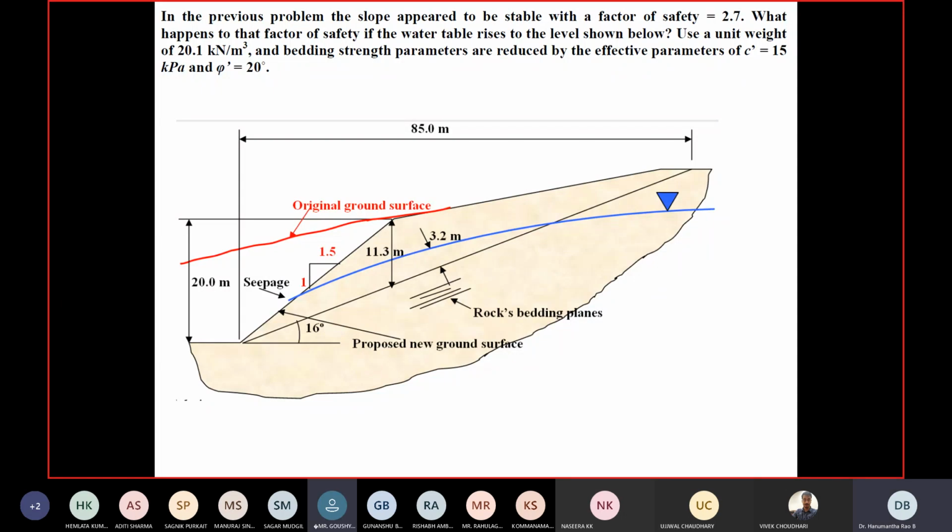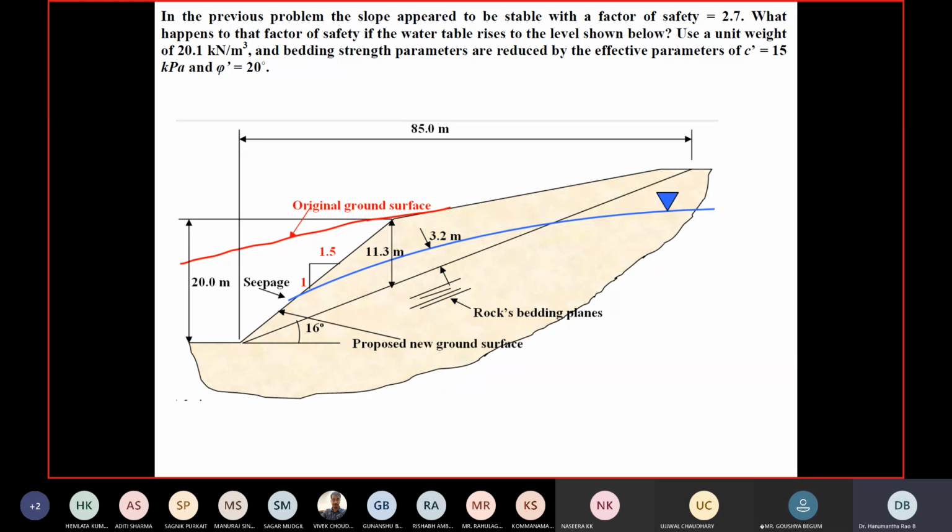Sir, it is a variable. 11.3 minus 3.2. Yes, but it varies at different points. Yeah, that is true. It varies at different points all along the failure plane. But yes, then we have to go for the method of slices. One of the best ideas is to go for the method of slices.